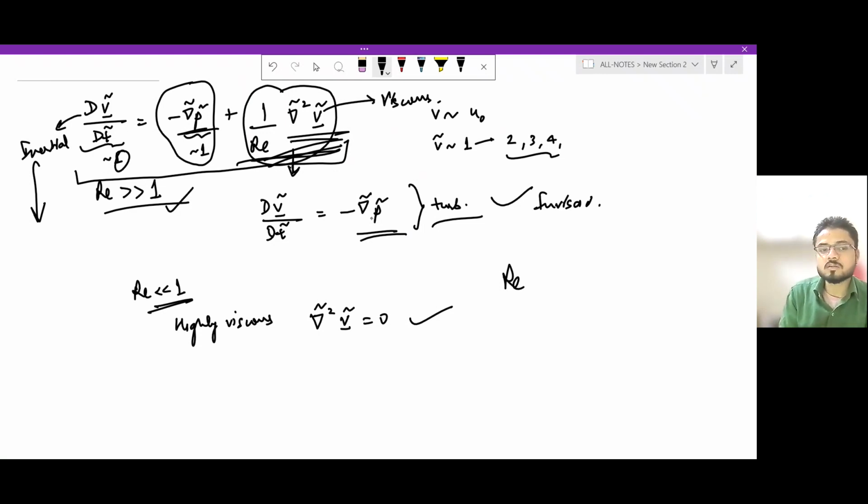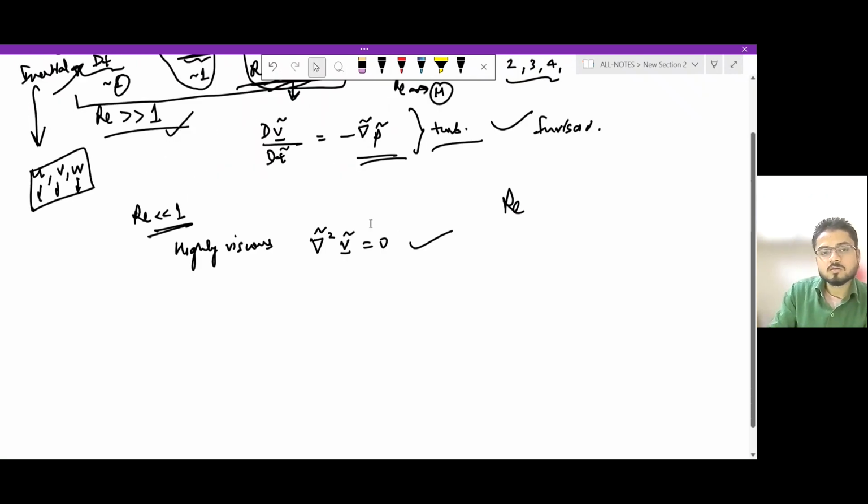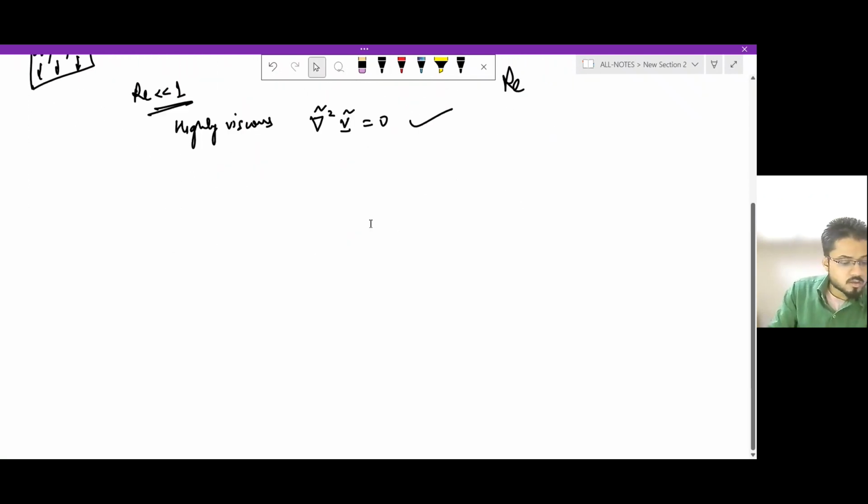If it's moving, then it involves terms like U, V, W, that is Vx, Vy, and Vz. These terms govern the inertia forces, and that is why this is called the inertial term. And this is obviously viscosity because it contains the viscous term mu, that is the dynamic viscosity of the fluid. So that's that.